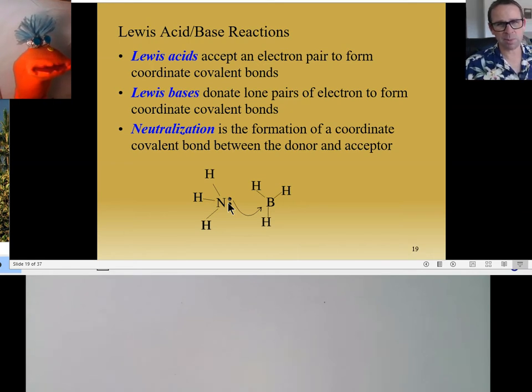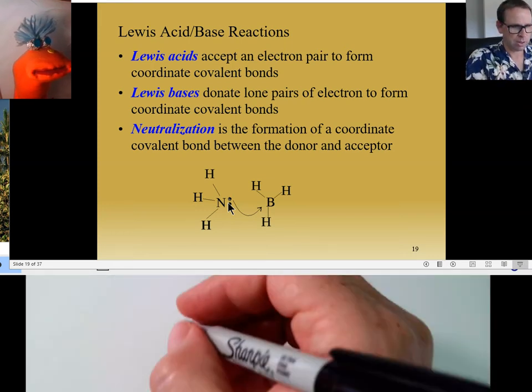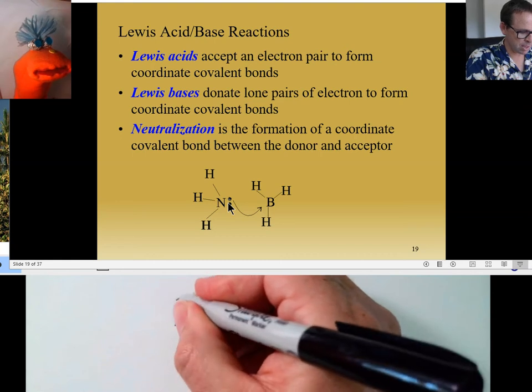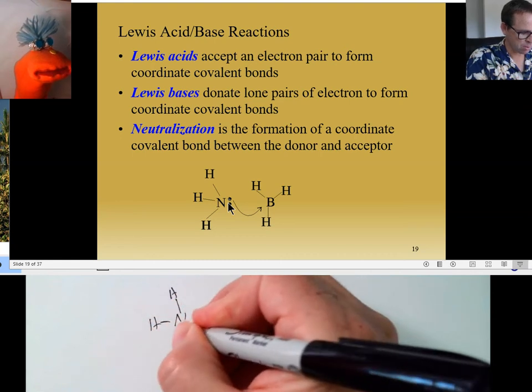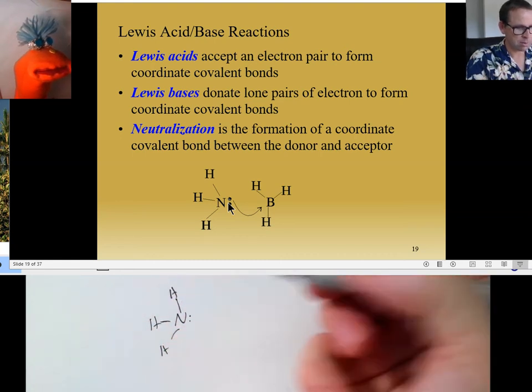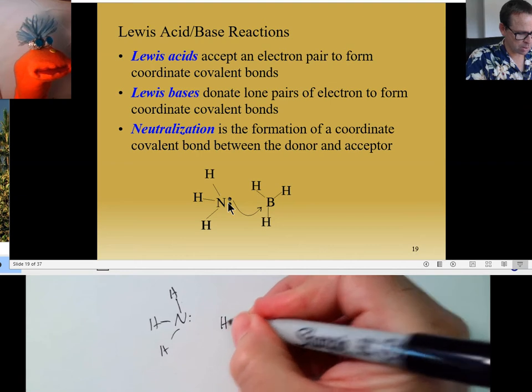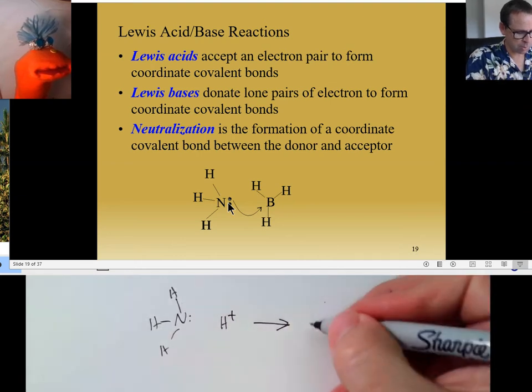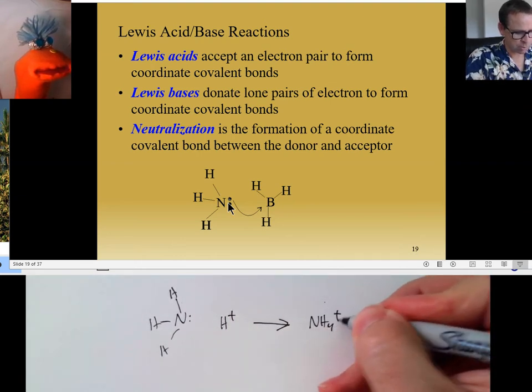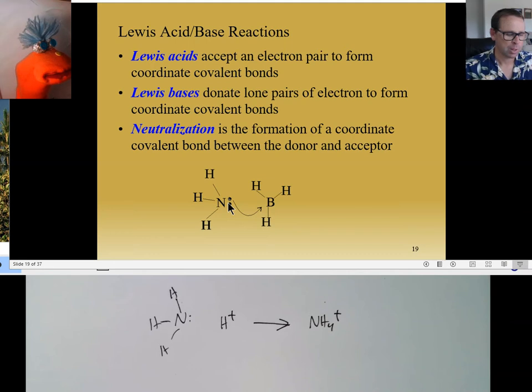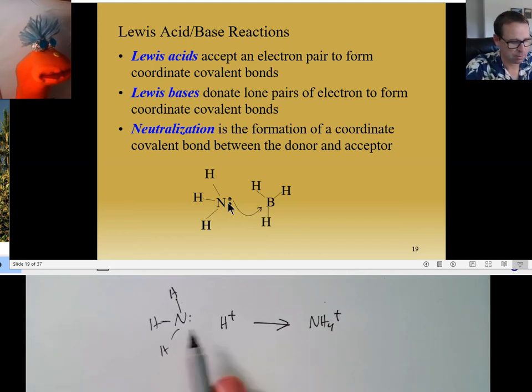There is one Lewis acid-base reaction that is very easy to think about and that has hydrogens moving, and that is when we take NH3 and react it with H plus to form NH4 plus. Now, NH3 is not an acid. It's a base. H plus is an acid.